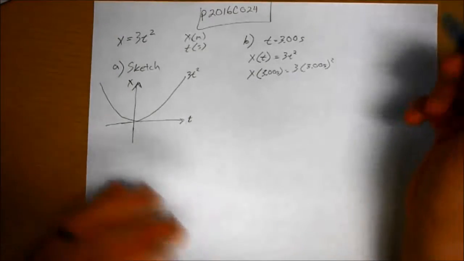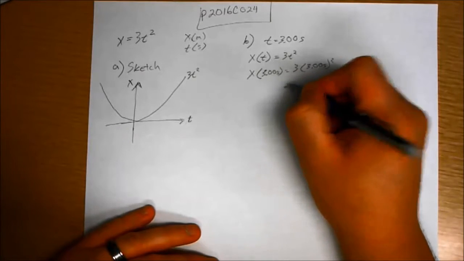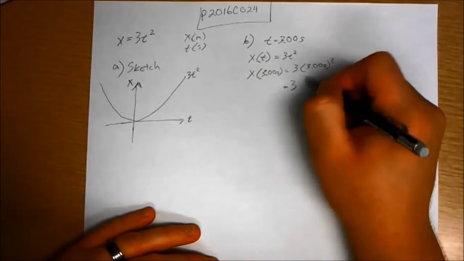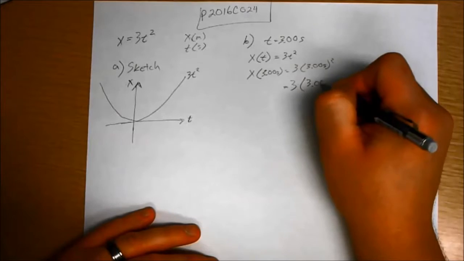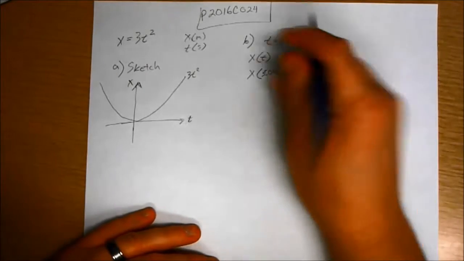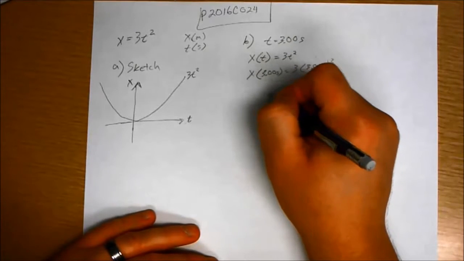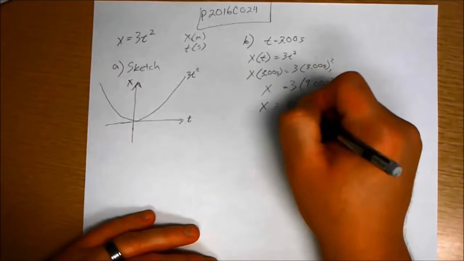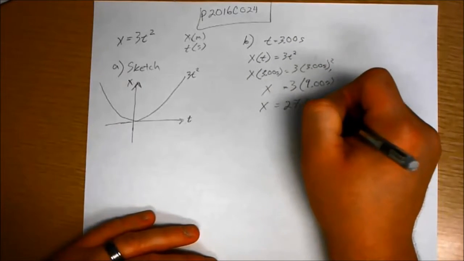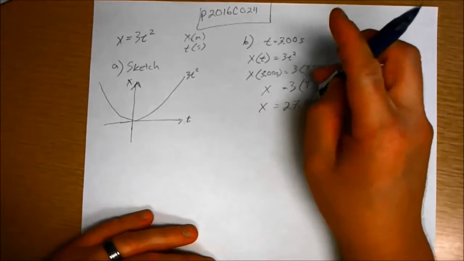Then just evaluating that, 3 times 3.00 seconds squared is the same as saying 3 times 9.00 seconds. So x then is 27.0 meters.